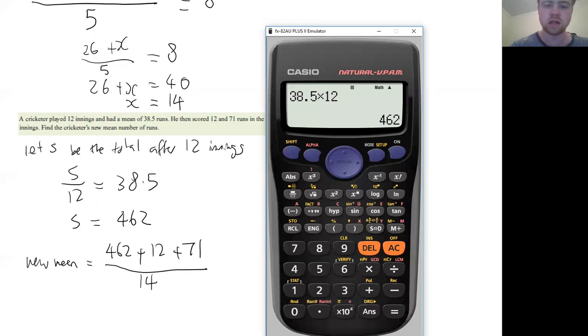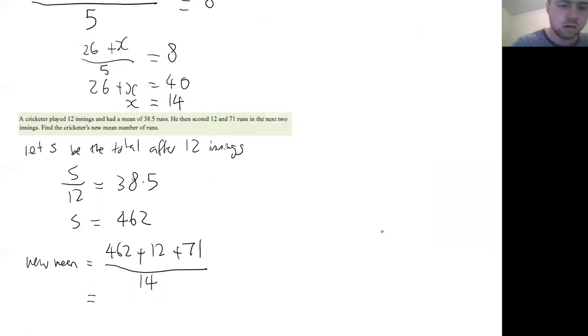Okay, so we can go 462 plus 12 plus 71 divided by 14. And that will give us our new average, which is a little bit off, but let's just round it to one decimal place, just like we had before. So it's going to be 38.9, and that's just to 1 decimal place.